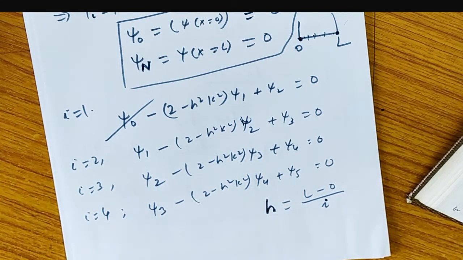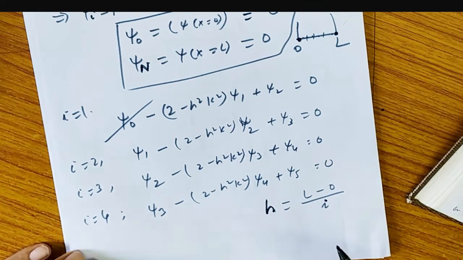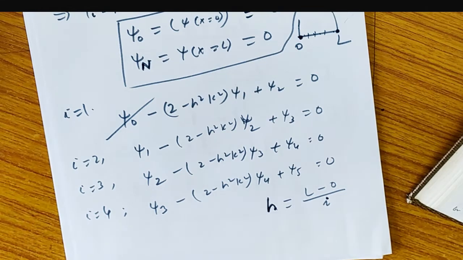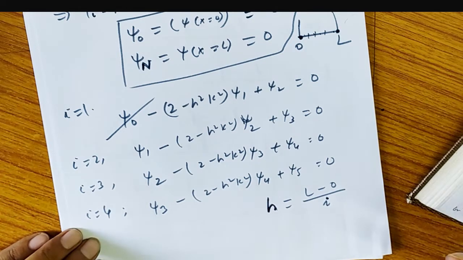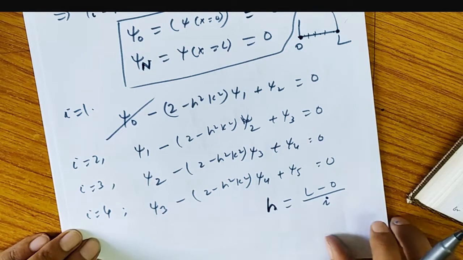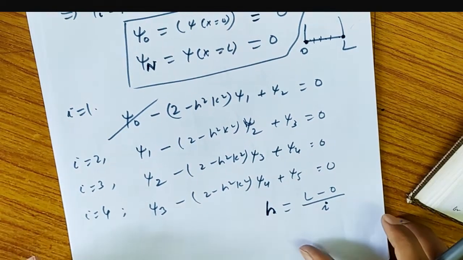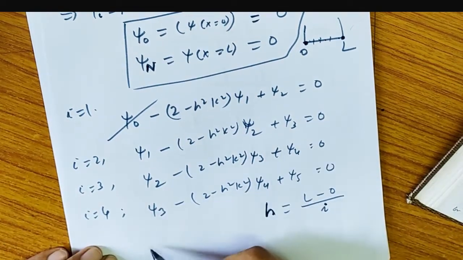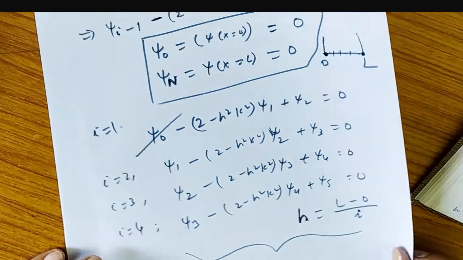You need a computer to solve this kind of equations, because when you have so many equations, like i equal to 100, your functions will be very smooth, and i equal to 100 you have to solve on a computer. You can write a C, C++ or Fortran code and just do it, and you will get the eigenvalues. You have to learn how to do it. But let me show you how you can write this in a matrix format.